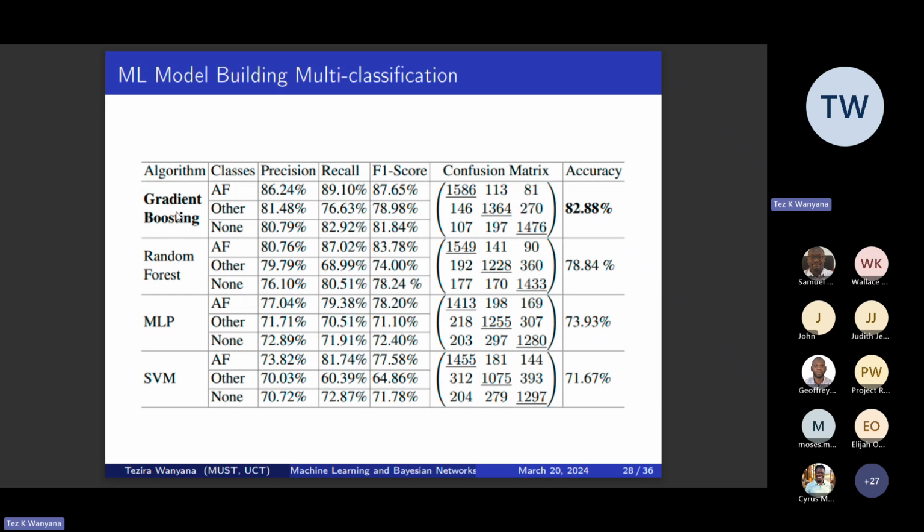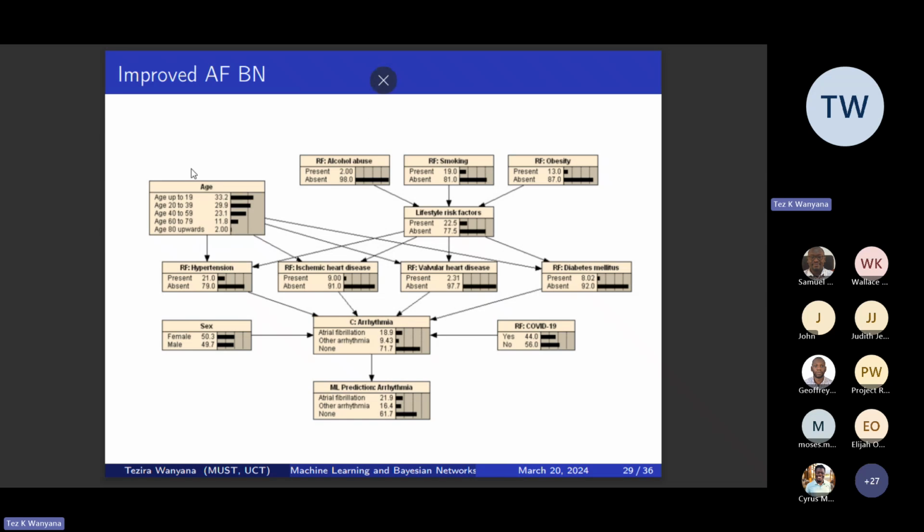And so because gradient boosting was the best at this point, we implemented gradient boosting. It was no longer MLP, it was gradient boosting, and that's what we implemented for pattern detection. The Bayesian network is almost the same. It's just that we had to improve our machine learning interface node so that we have 3 classes.